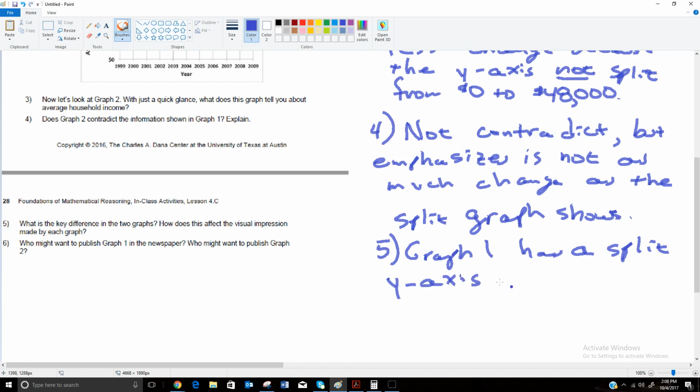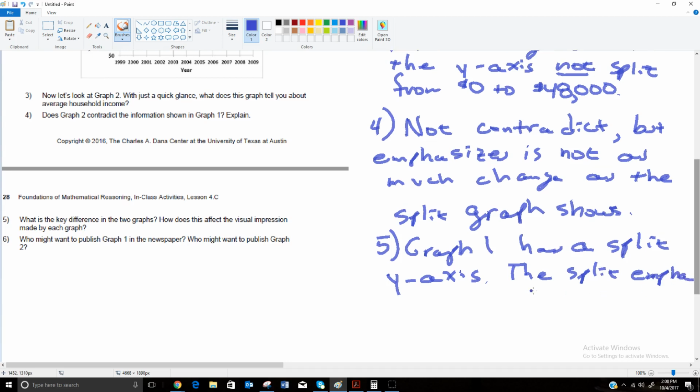That's the axis that goes up and down on the left side. The split graph emphasizes change. Ran out of room. It's down here. Okay, so graph 1 has a split y-axis, and that split emphasizes the changes.